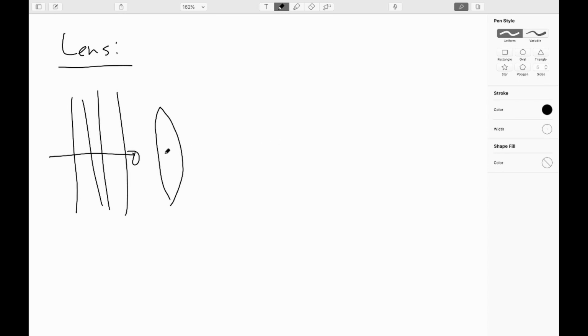We can roughly ballpark it out. If this is a plane wave going in, if this lens were infinitely wide, it would come to a focus out at a focal length of f.